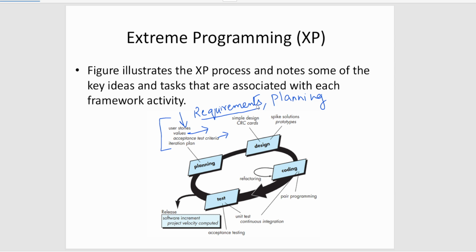So suppose my requirement is to develop a login screen. The login screen generally has a username and a password, and suppose there is a submit button.